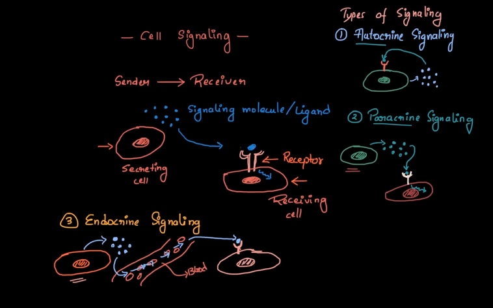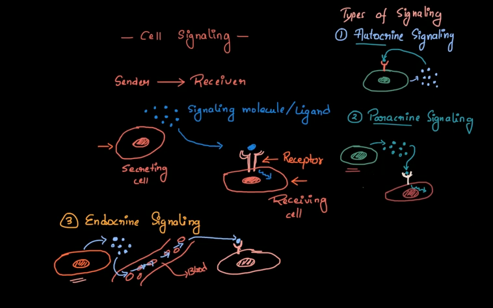Now, according to the types of signaling, we have the autocrine signaling, where the receptor for the signaling molecule is on the same cell which is secreting the signaling molecule. For paracrine signaling, the cell which is receiving the signaling molecule is in close proximity to the cell that is sending out the signaling molecule.